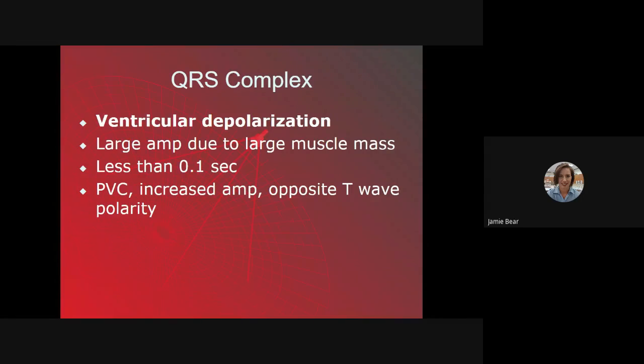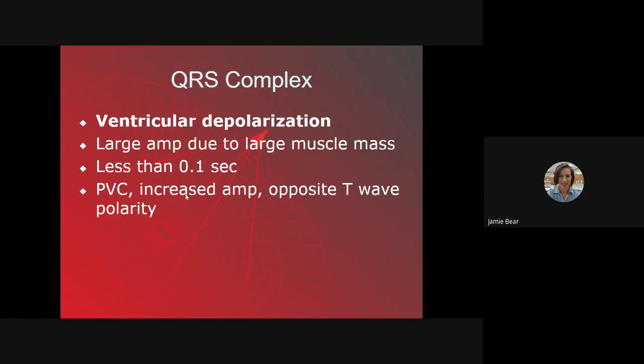The QRS complex is the ventricle depolarization. It's the largest amplitude due to the fact that that's the largest muscle mass in the heart. It should be very quick, so less than 0.1 seconds, and that can be abnormal with different disease processes, such as a PVC, or premature ventricular complex.